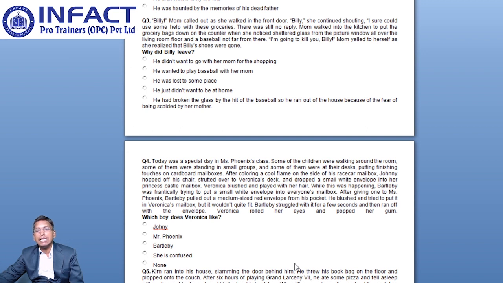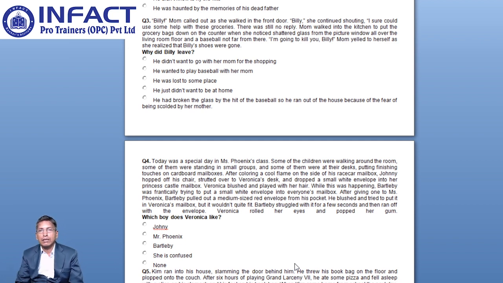Why did Billy leave? Either he didn't want to go with his mom for the shopping, or he wanted to play baseball with his mom, or he was lost somewhere, or he just didn't want to be at home, or he had broken the glass with the hit of the baseball, so he ran out of the house because of the fear of being scolded by his mother.